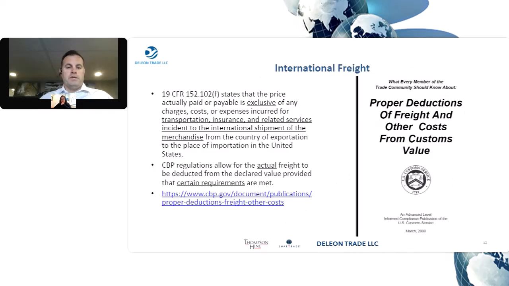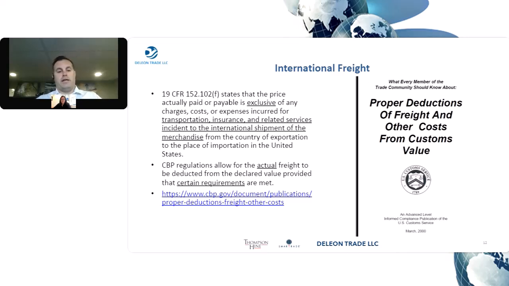Totally. So on international freight, I think it's a very easy concept, but it's one that's often overlooked. International freight can only be deducted to the extent that you can actually provide third-party documentation to substantiate the freight charged to your supplier.